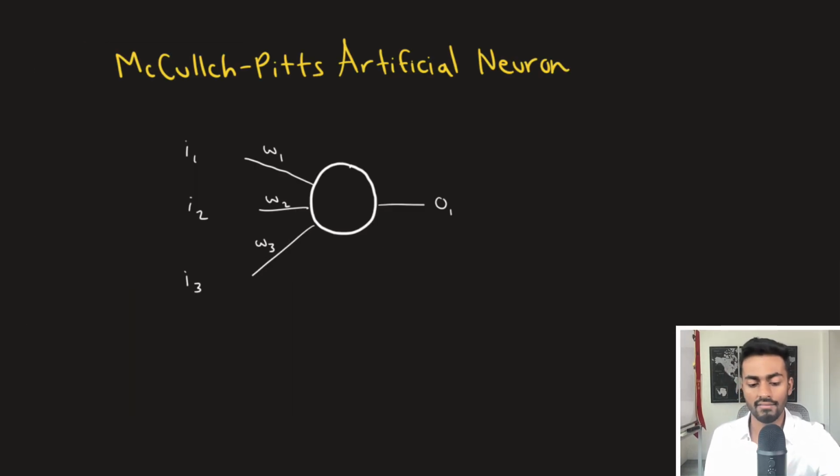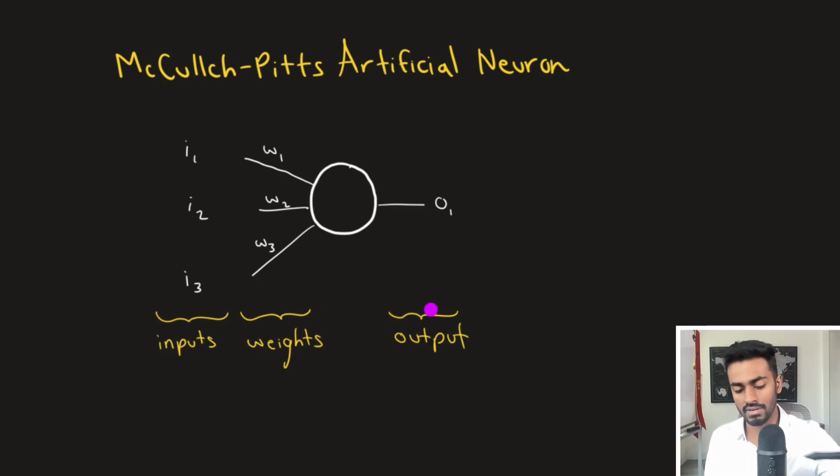And so what we have is the McCulloch-Pitts artificial neuron created in the 1940s, where we have inputs, weights, and outputs. The inputs can be considered the inputs from different neurons due to the neurotransmitter chemical signals. The weights are then the different potentials that are caused by these individual dendrites. And you can consider this big circle over here to be the cell body.